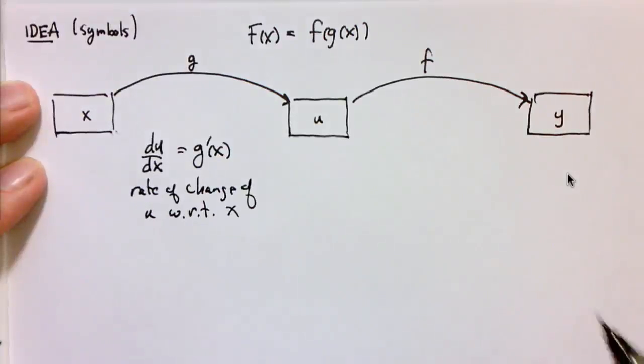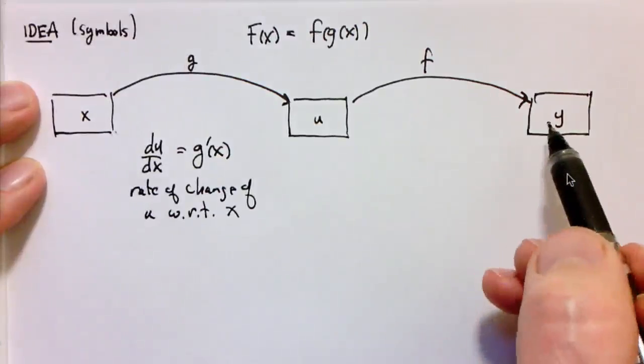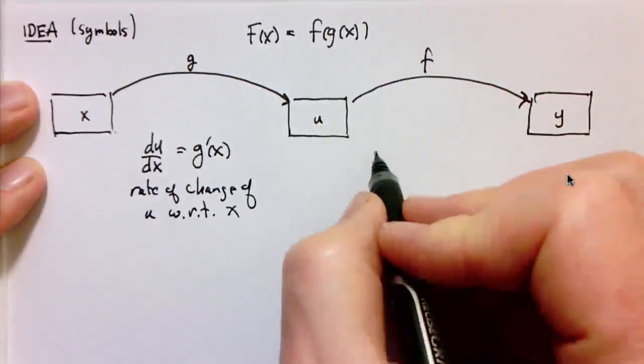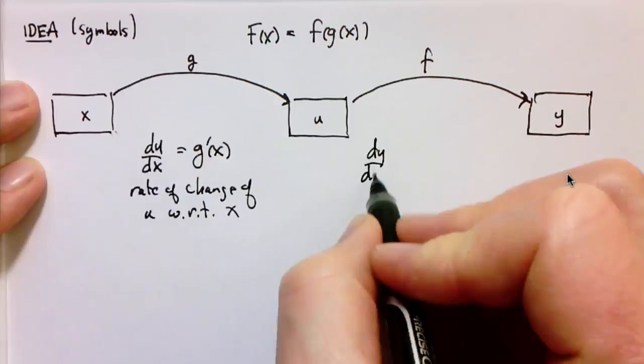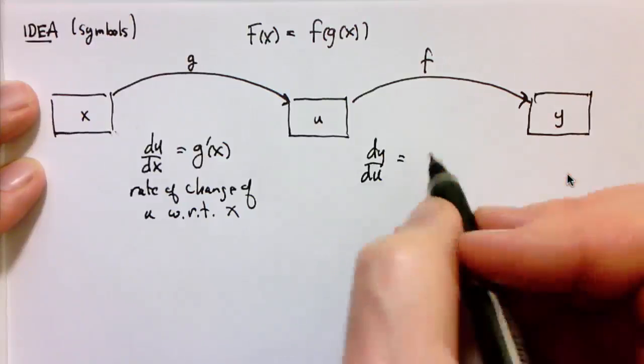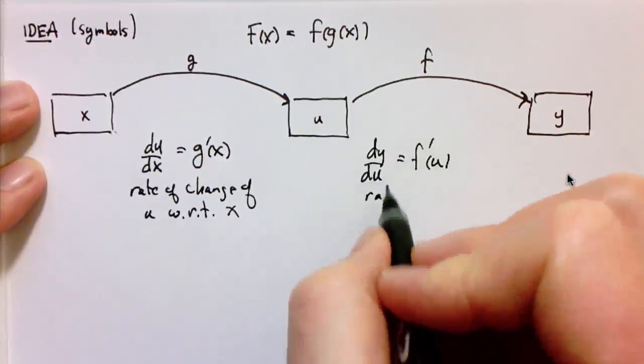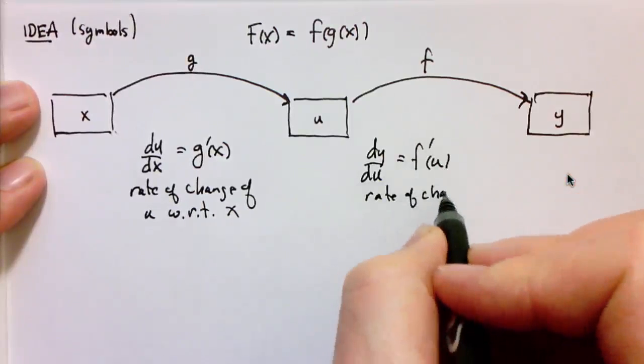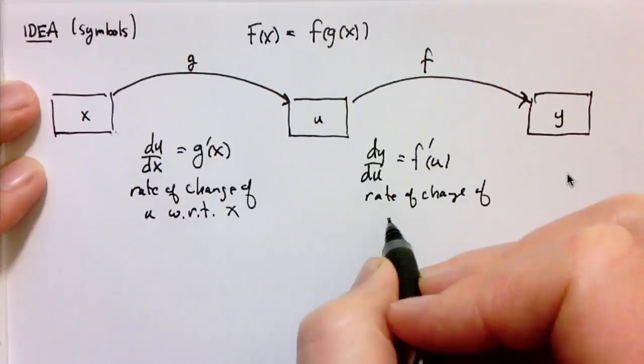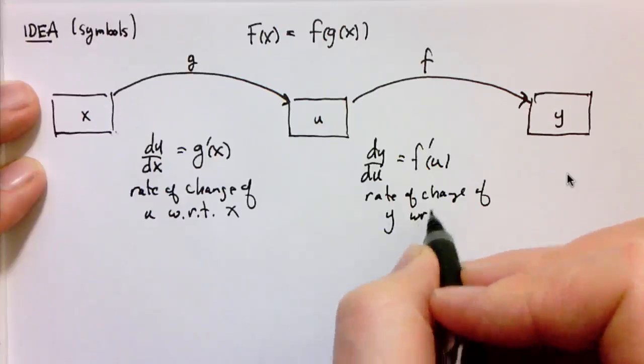And then the rate of change of y with respect to u is dy du, or f prime of u. And that's the rate of change of y with respect to u.